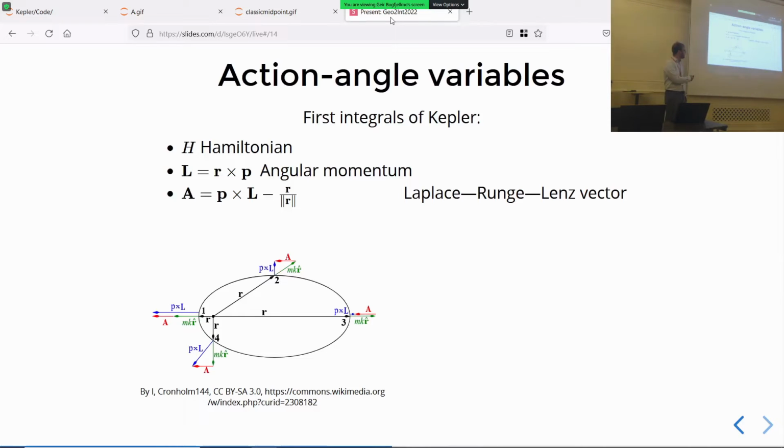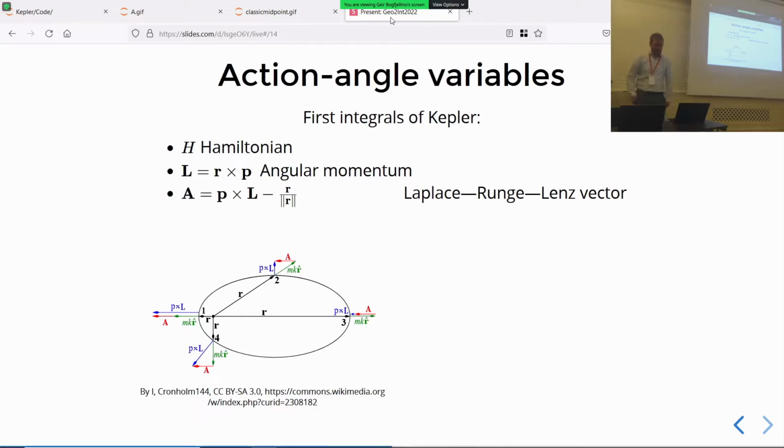You have the P cross L, that's going to point outwards, so to speak, and you have the R hat, this unit vector in the R direction, and you subtract them, and you get this A here.